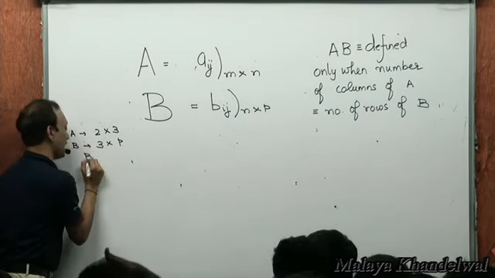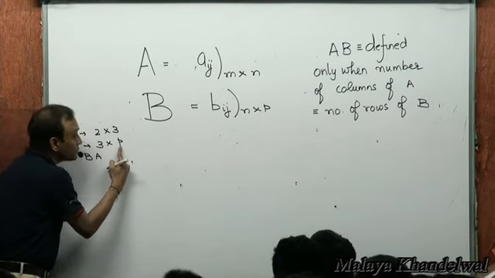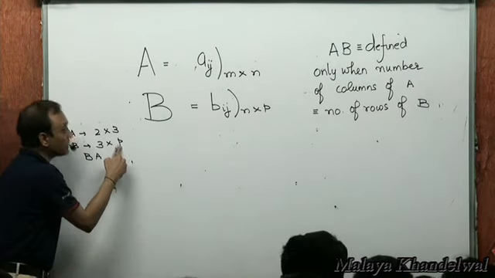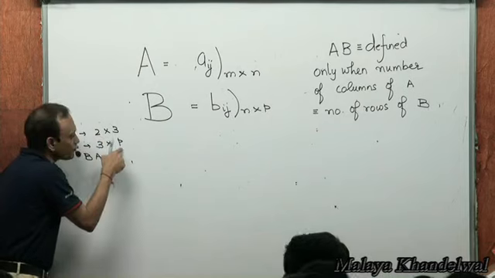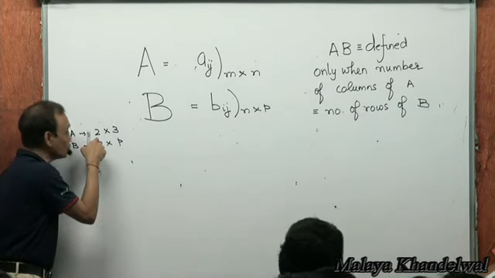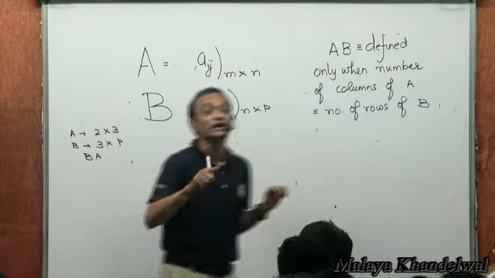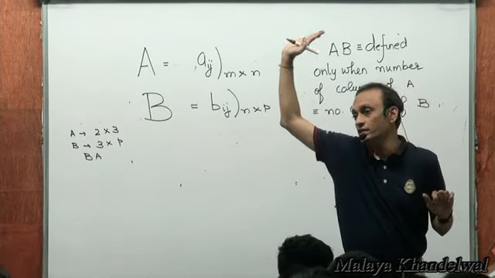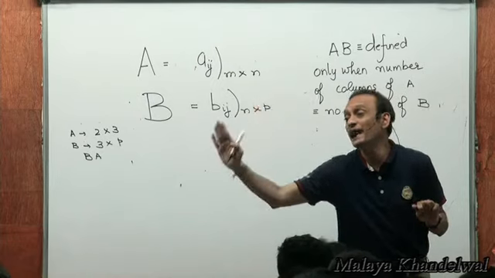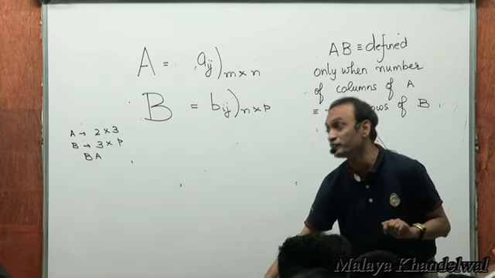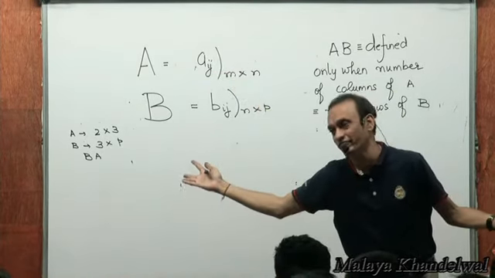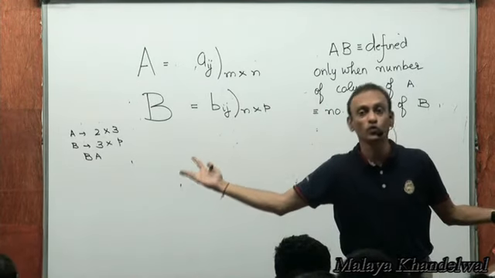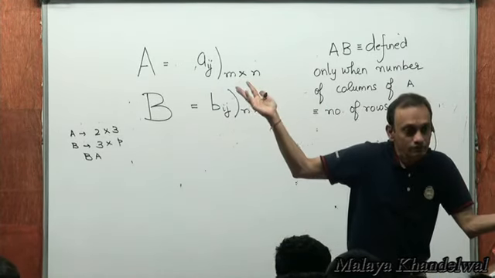But if I say BA, then the number of columns of this, p, is not necessarily equal to 2. So even if AB is defined, BA may or may not be even defined. Far from being equal to AB, it may not even be defined.